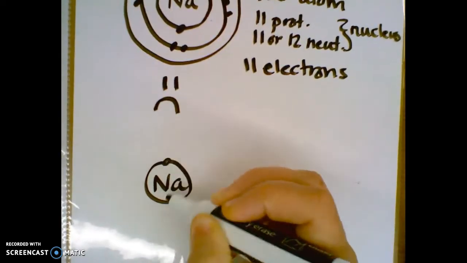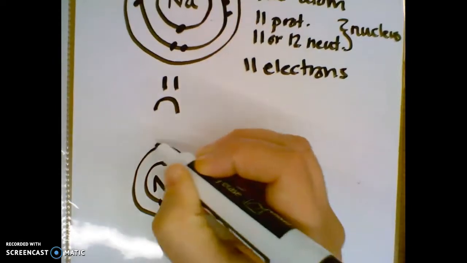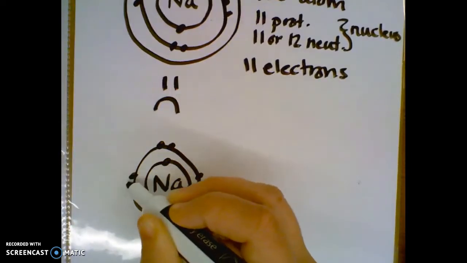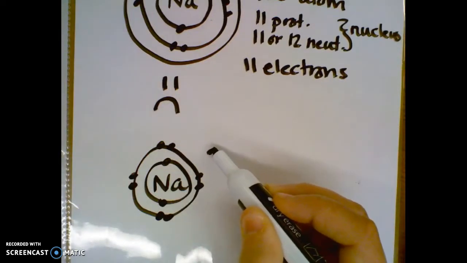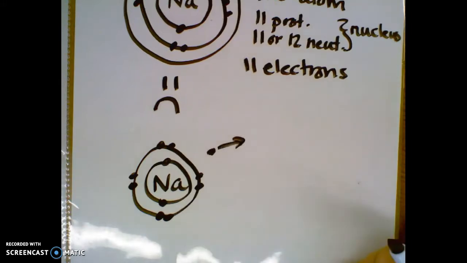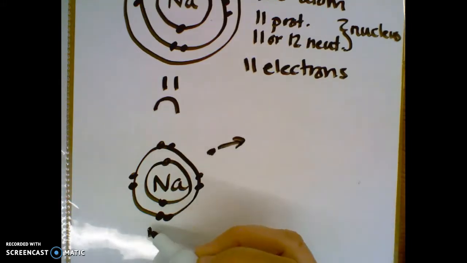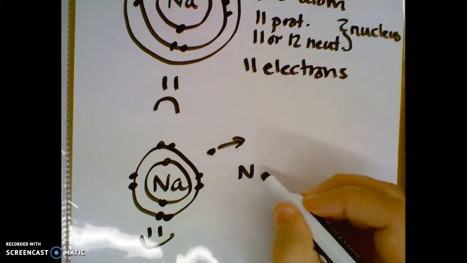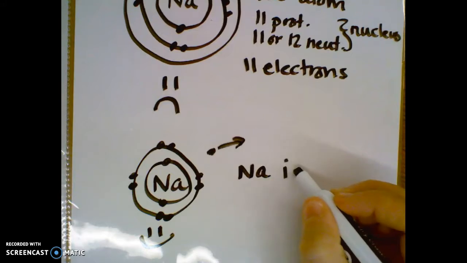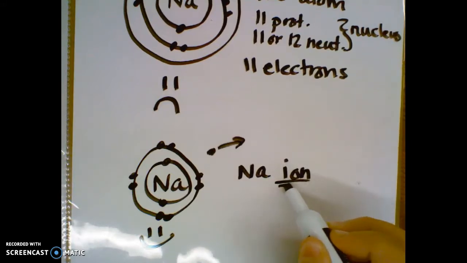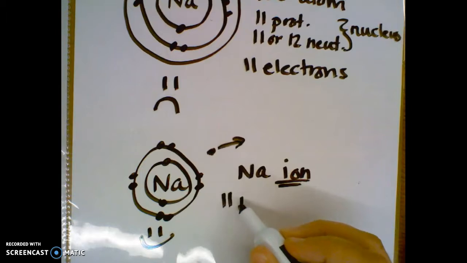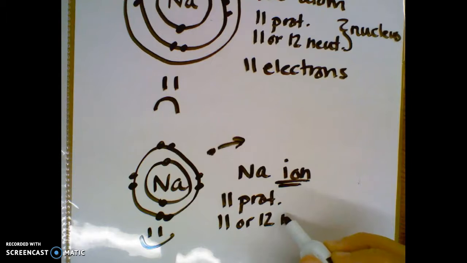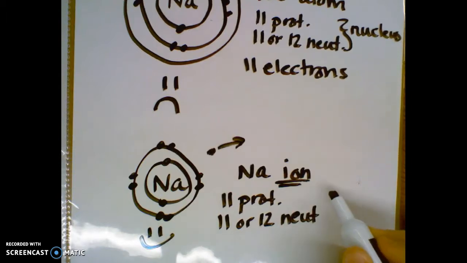So what sodium likes to do is it likes to get rid of that outer shell, that valence shell that had the 1. It basically vanishes and the electron is up for grabs. Now the sodium atom is happy because it has 8 valence electrons in its outer shell. So this is a sodium ion. 11 protons, 11 or 12 neutrons, still the same as before.